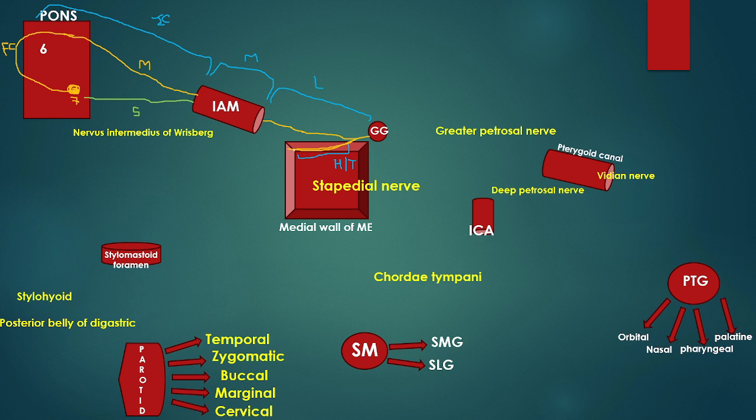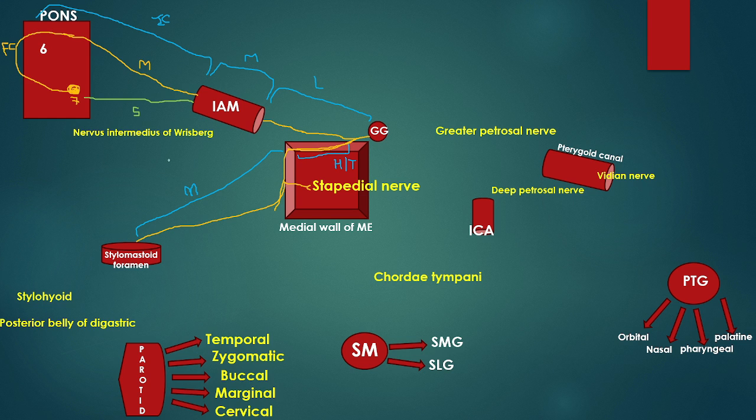Now this nerve will go downward and gives a branch, that is the stapedial nerve branch. Now it again goes ahead and passes through the stylomastoid foramen. So again we have a segment over here from the end of the horizontal segment up to the stylomastoid foramen. This segment is known as the mastoid segment.